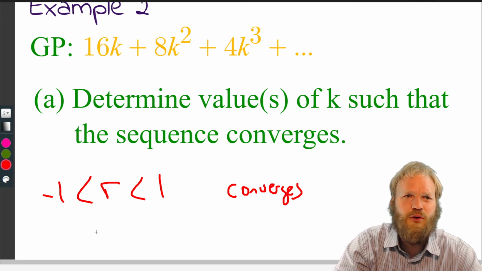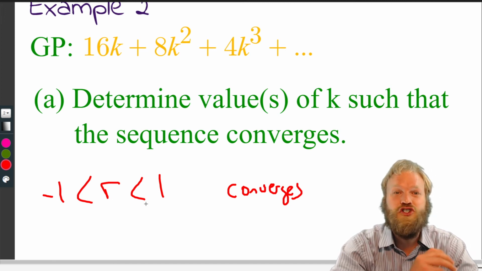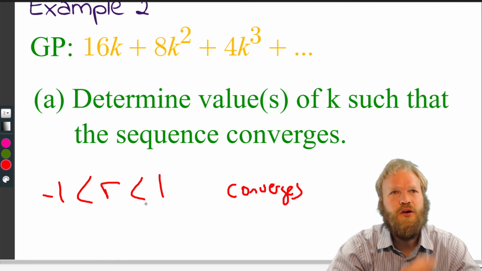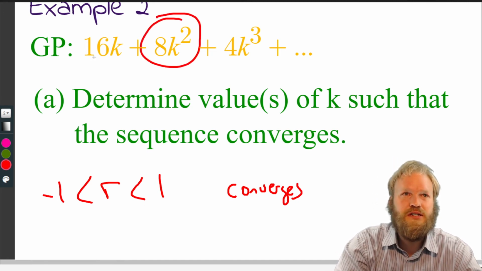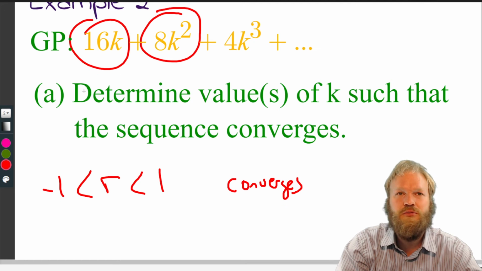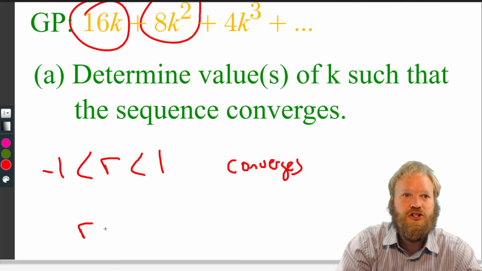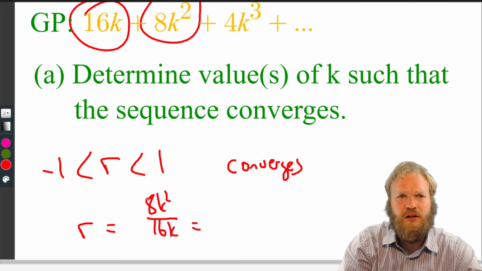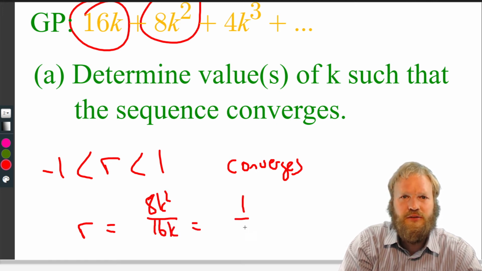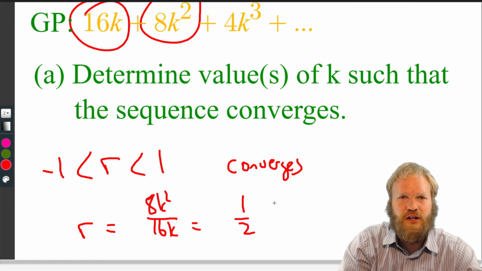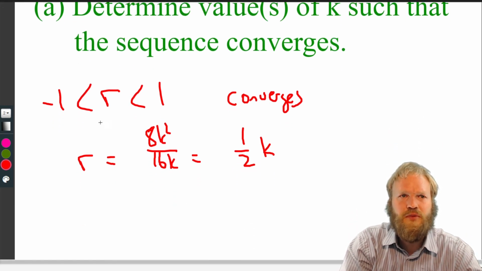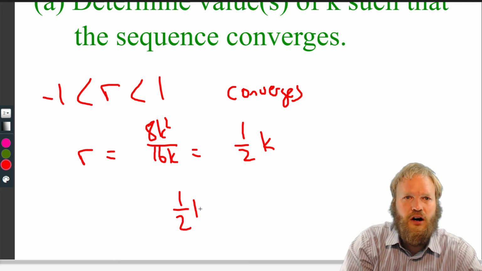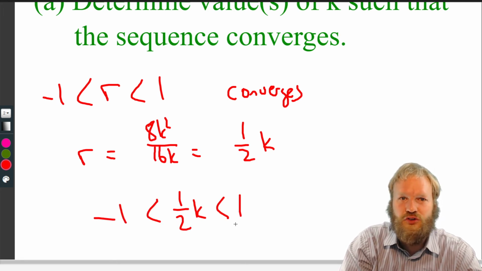Okay, so how do we work out the ratio of a geometric progression? Well, we just take the second term and divide it by the first term. So our ratio is 8k squared over 16k. Well, 8 over 16, that's a half. k squared over k, well, that's k. We said that r needs to be between -1 and 1.